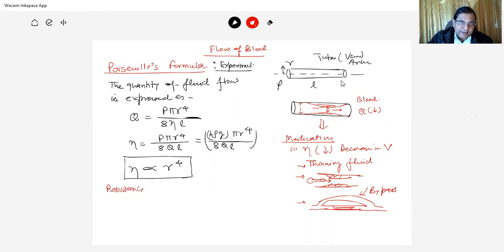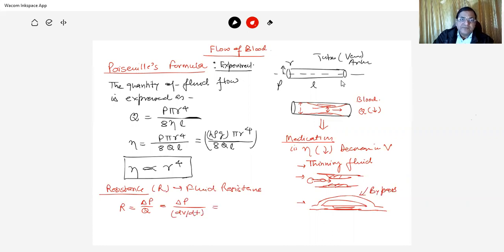In the first chapter we discussed a little that fluid resistance is defined as R. R is equal to pressure difference upon quantity of liquid flow, which is dV by dt.